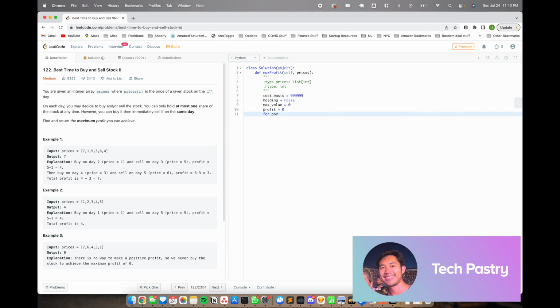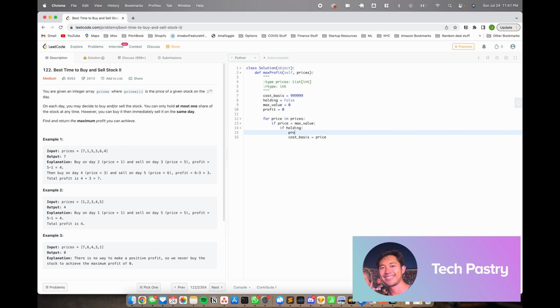So let's iterate through the prices. If the current price is less than the max value, then that means we hit our local maximum. And if we're holding, we want to set our cost basis to the new price.